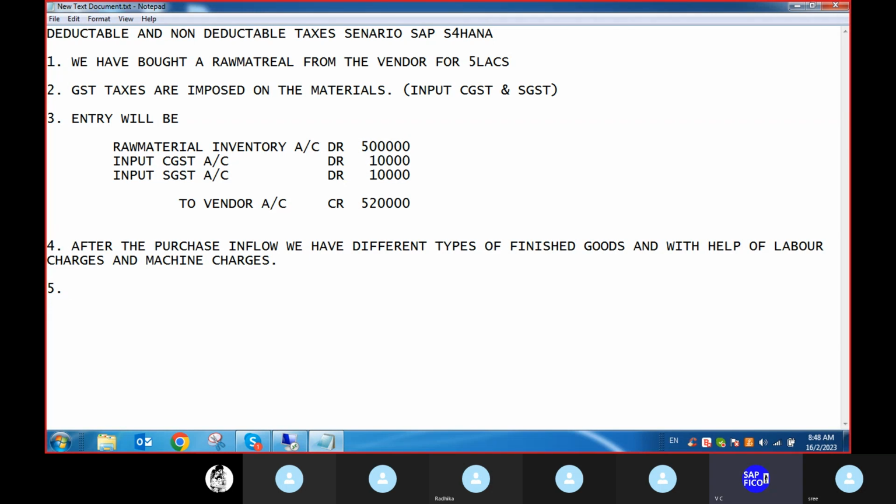The fifth one is to sell the finished goods to the particular customer.